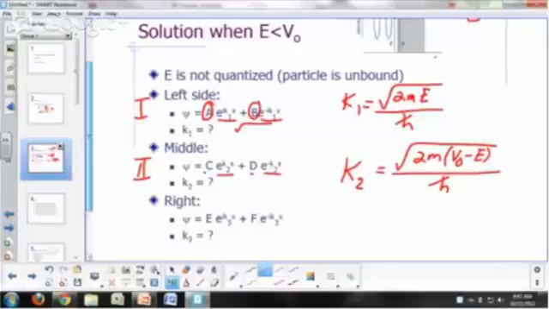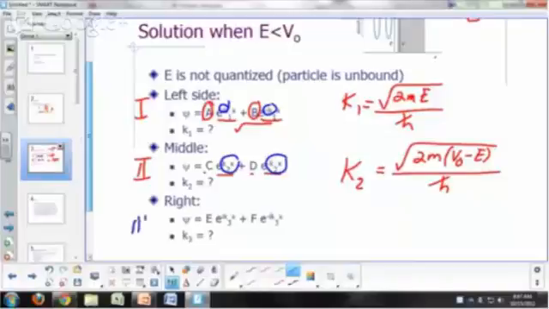Note that the region 1 exponent has an i in it. That means your psi there is oscillatory. But here, the exponential term does not have an i.